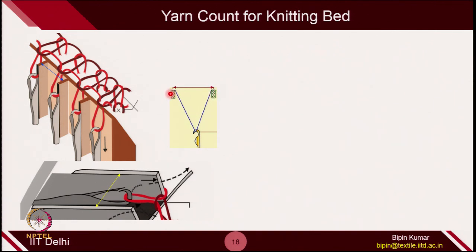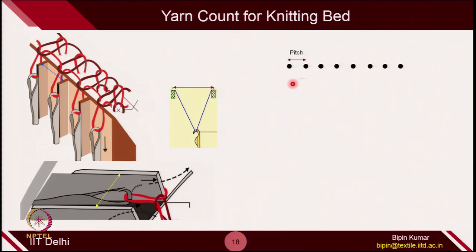These represent the trick walls and the needle is catching the yarn and moving inside this slot, which is the trick. If the yarn diameter is extremely thick, then there might be chances that the yarn can rub with the trick wall, and in that case the knitting will be disturbed.